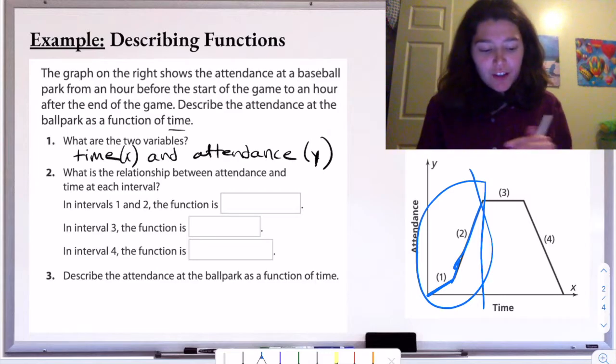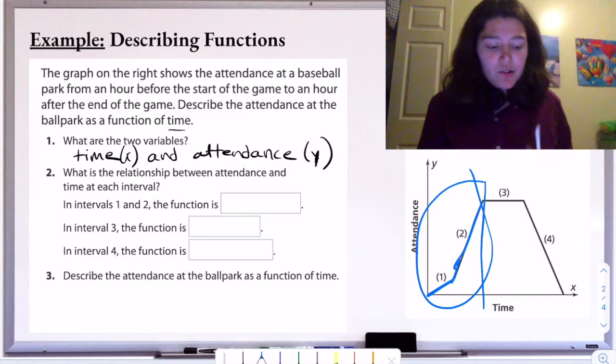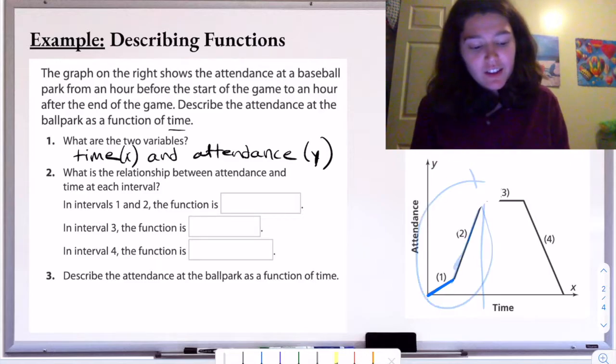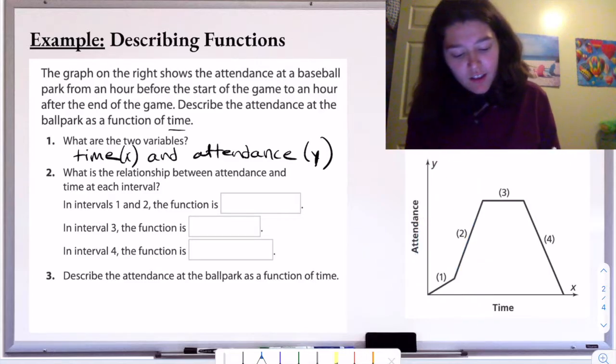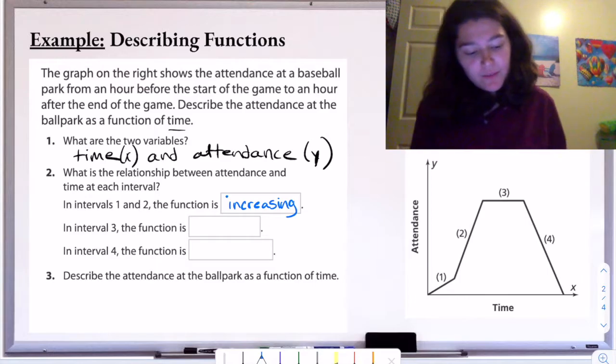Is the function increasing, going up, decreasing, going down, or constant, staying flat for that part in blue? Yeah, it's going up, so this is increasing. Each of these sections show that the function is increasing at those intervals.